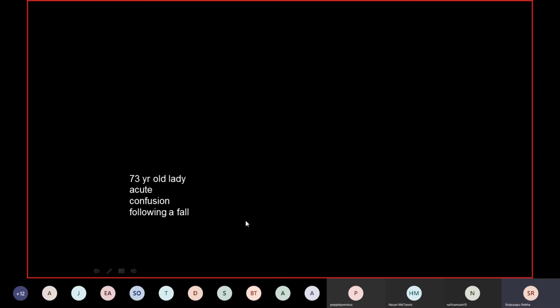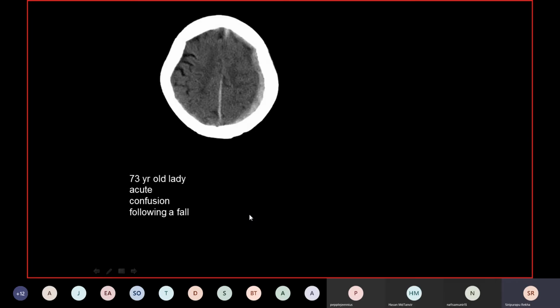So this is a 73-year-old lady who was imaged in our hospital serially. She presented initially with acute confusion following a fall. What we see here is a left convexity subdural hematoma. It is of increased density, concave inwards overlying the convexity, and then we see parafalcine extension.